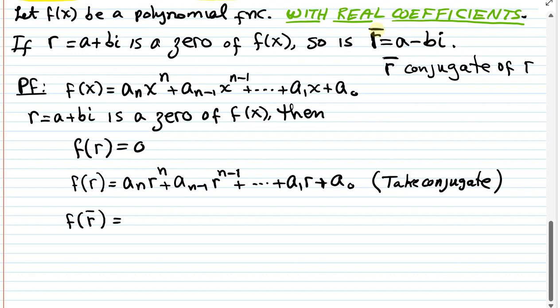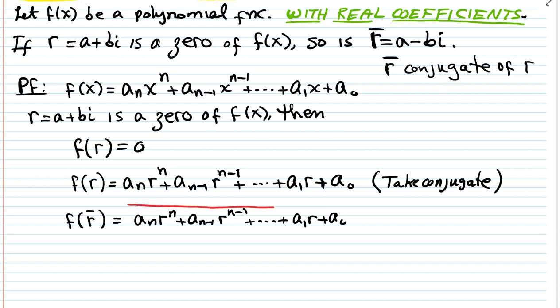I'm going to take the conjugate of the right side. Now, when I take the conjugate of the right side, that's the conjugate of the whole thing, the entire expression, plus a1 r plus a sub 0.